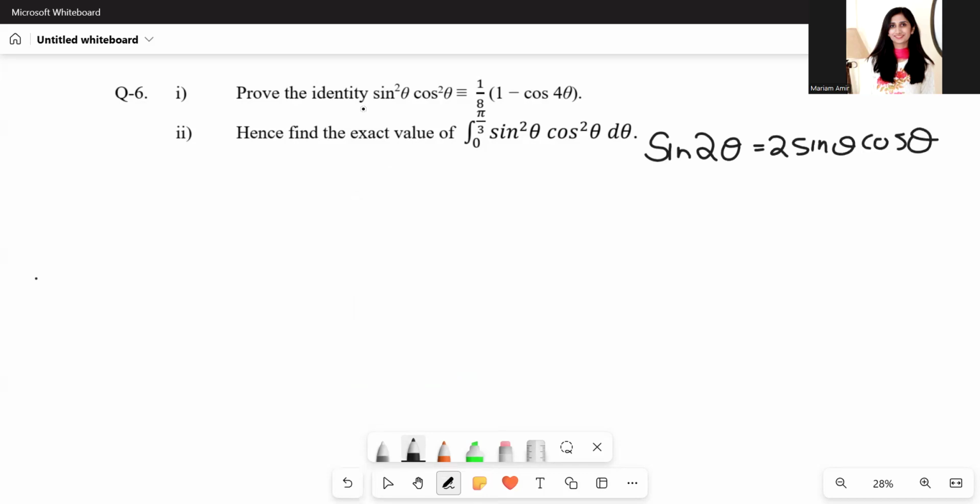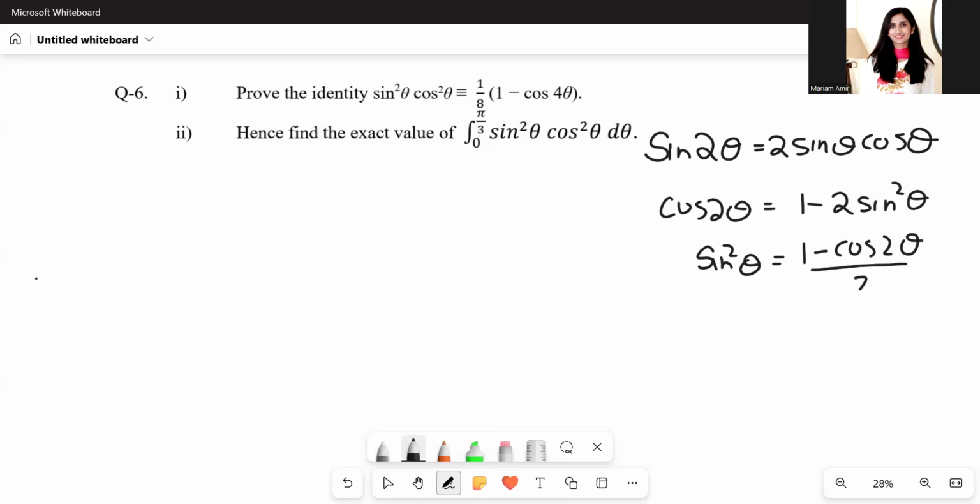Also, we should know that cos 2θ is equal to 1 − 2 sin²θ, which means if I need to make sin²θ the subject, it becomes (1 − cos 2θ)/2, which also means that if I double this angle, I'll have to double this angle too.